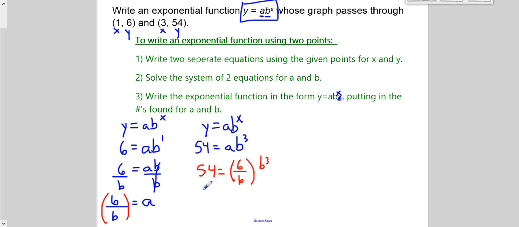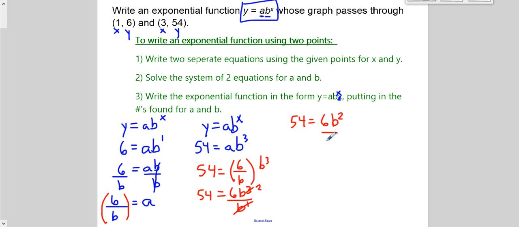Now we have an equation with just a b in it, no a's, so we can solve for b. So this b will cancel out one of these b's, making that b squared. So that 54 equals 6b squared.